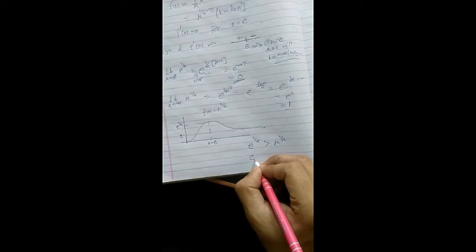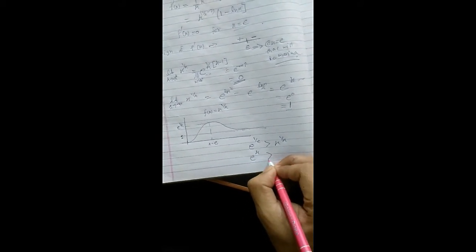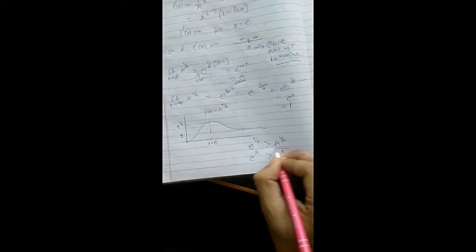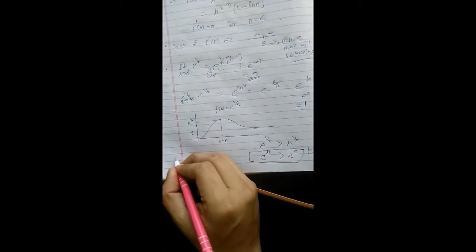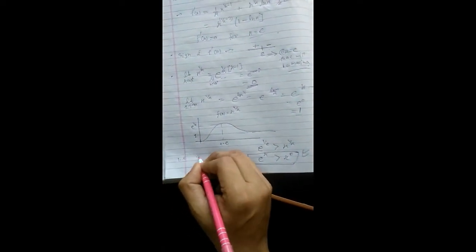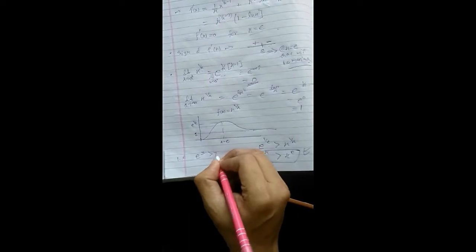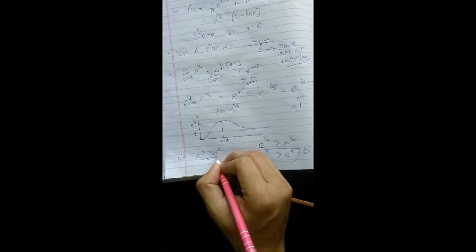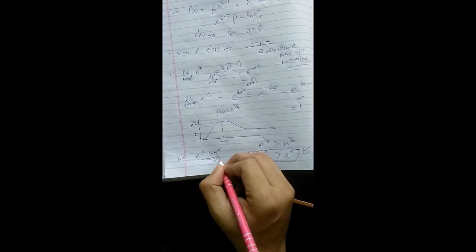So e raised to power x is always greater than x raised to power e. Hence this solves a major recurring problem that e raised to power pi is greater than pi raised to power e. It is only a special case where x is equal to pi. It is always true for x belonging to R plus.